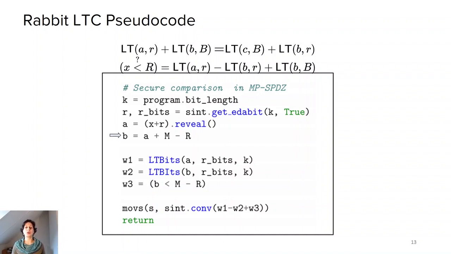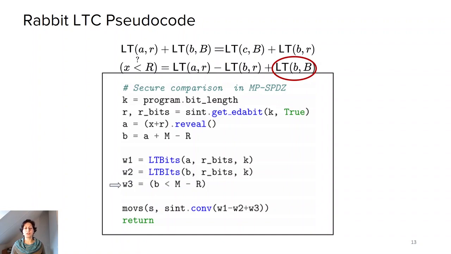Now we are ready to compute the three less than functions that give us the desired result. First, we invoke the LTBits function between the public value now a and the bit decomposed version of our edabit. Then we invoke the LTBits function on the public value b and the bit decomposed version of our edabit. That's the second term we saw in the equation above the pseudocode.